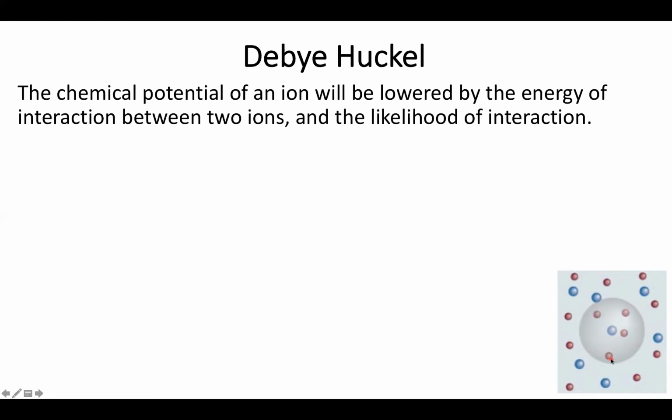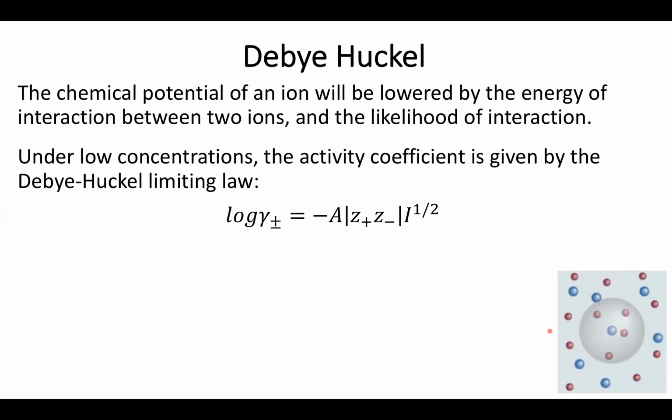And so we're going to need essentially a feature that demonstrates this decreased interaction. And so if we're dealing with fairly low concentrations, we can use what's called the Debye-Huckel limiting law. So this is going to be a way of describing our activity coefficient through a log function as a function of several key behaviors.